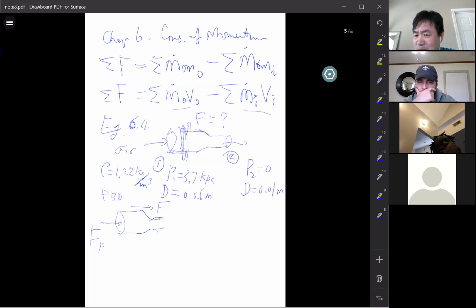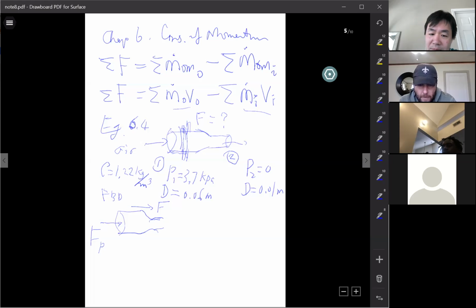Do you see my point? I understand it should be negative, and maybe the other side, but let's see how it goes. For solving the problem, you need a free body diagram. You need to place an arrow on the free body diagram to represent that force, so let's place it as positive x. But for FP, I know the direction.